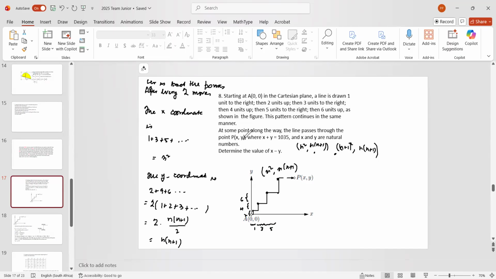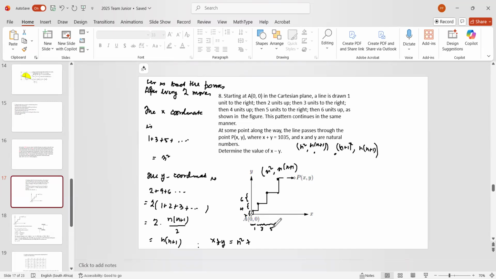So now we've reached, this line passes through the point (x, y), where x plus y is 1035. So you have that x plus y, this is the x coordinate, n squared, and the y coordinate is n into n plus 1.